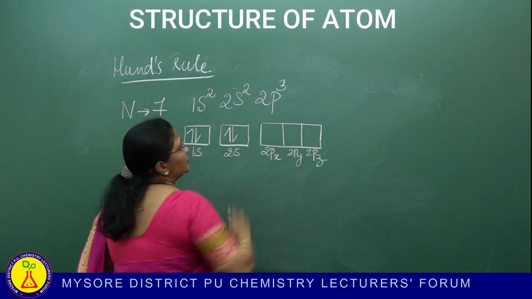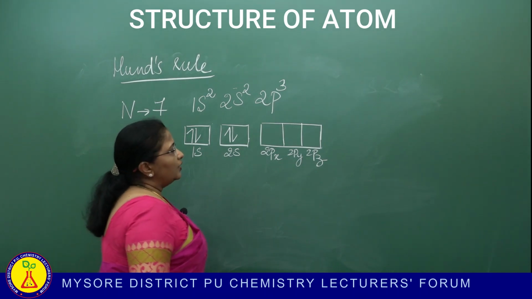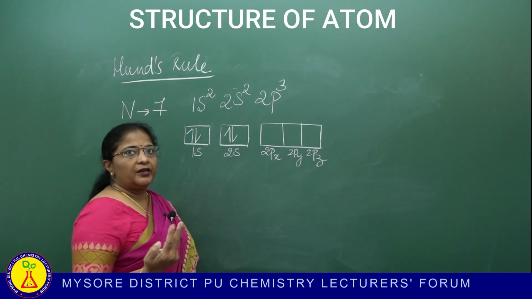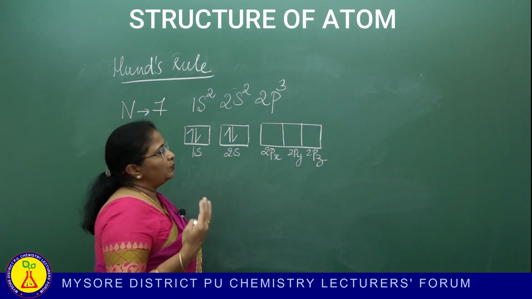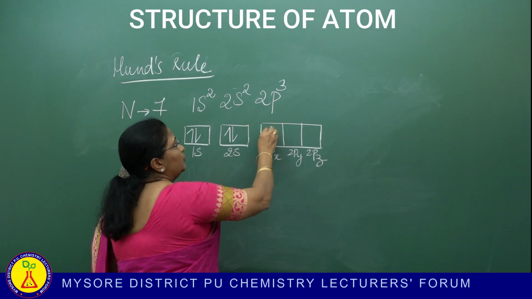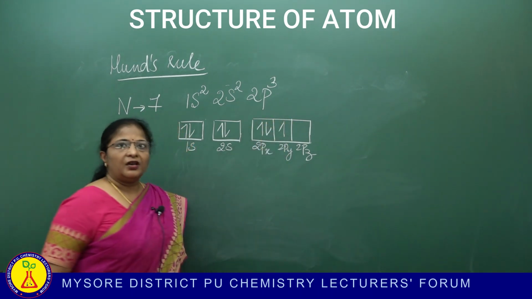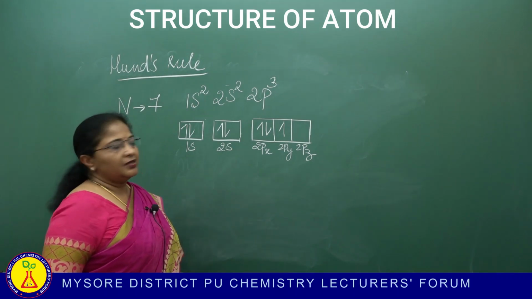But now look at this 2p3, there are 3 electrons. There are 2 ways you can arrange them. What would be our first instinct? The first instinct would be to put 2 electrons here and 1 electron here, but this is not correct.